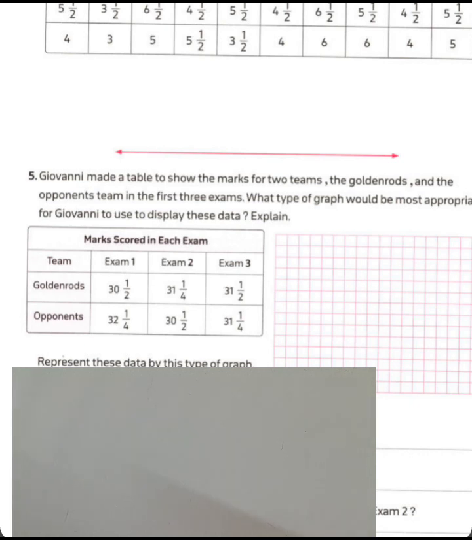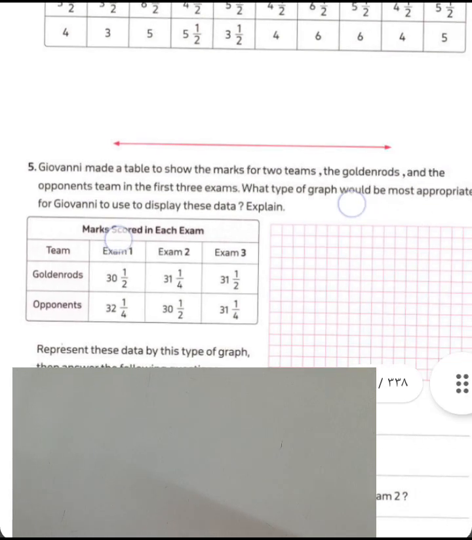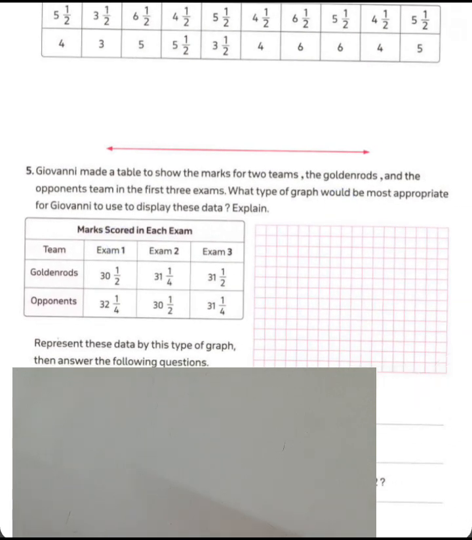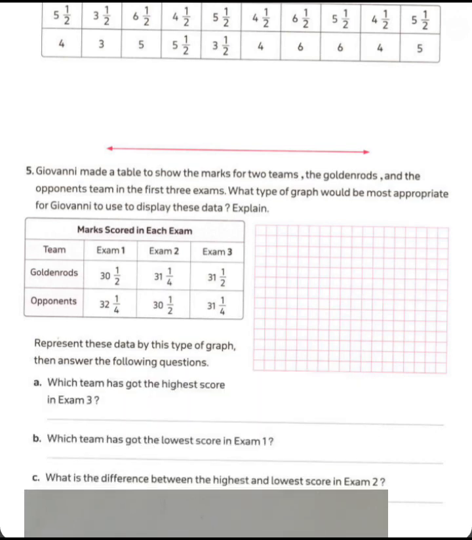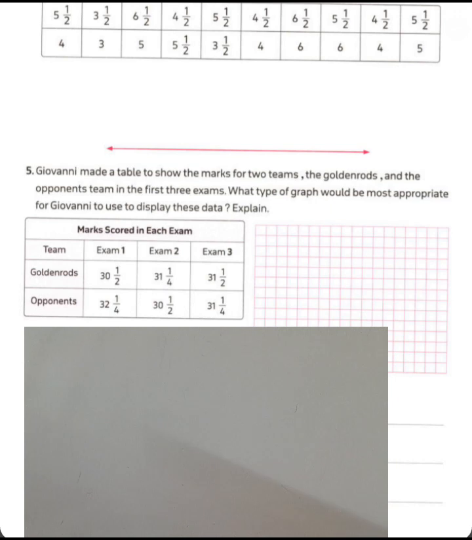What type of graph would be most appropriate for Jovina to use to display this data, and explain? Okay, we have here information about this table. The suitable type of graph we will use here is a double bar graph, because it compares between two related sets of data.